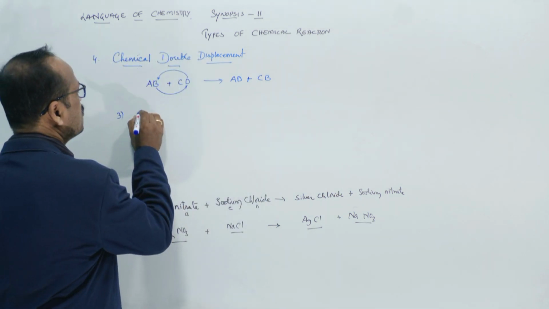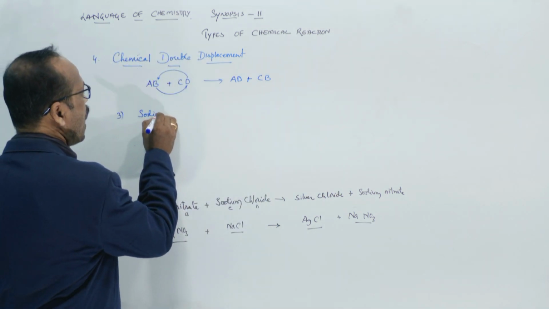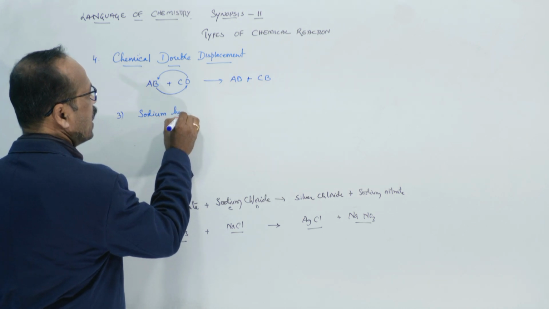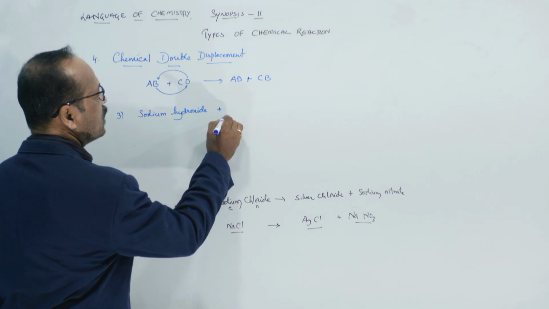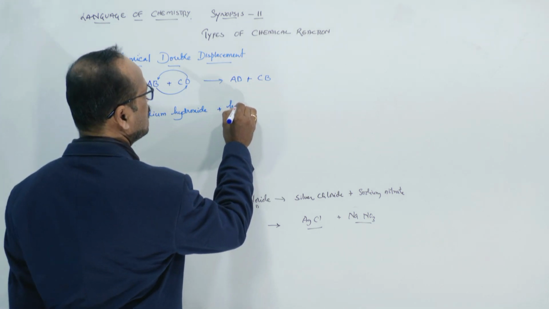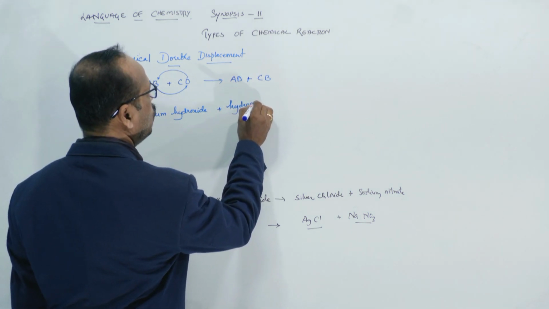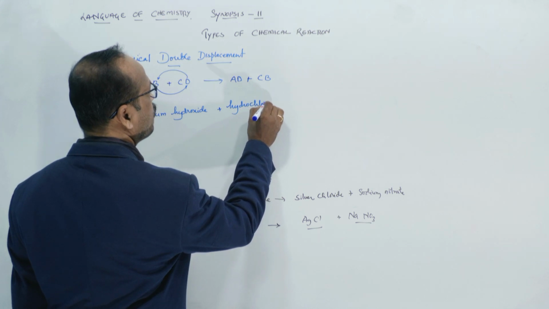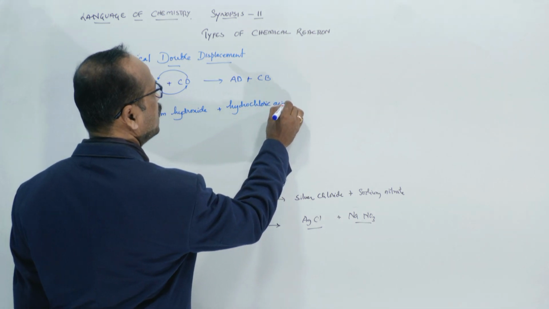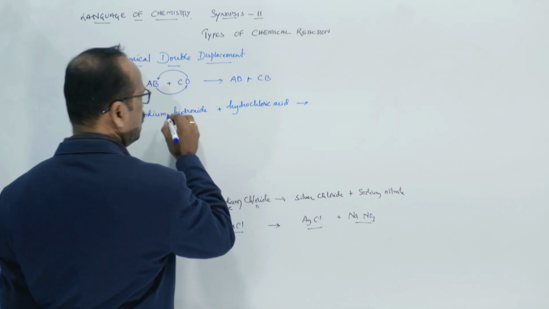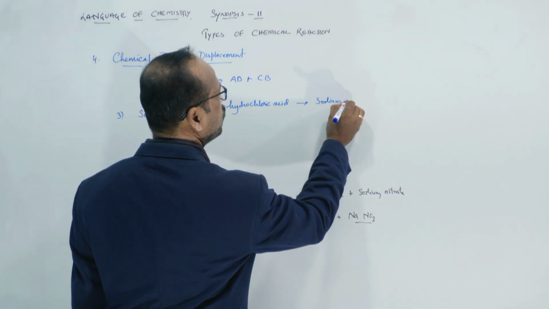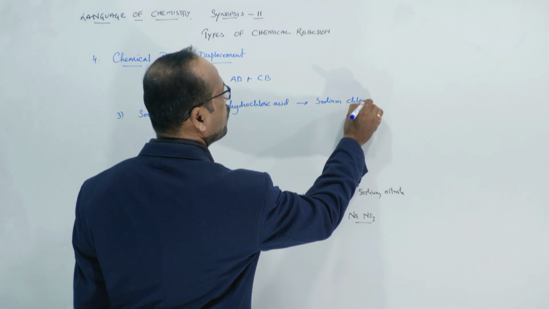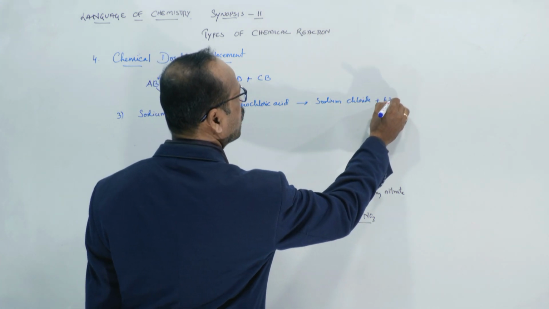So see here students, sodium hydroxide reacting with hydrochloric acid. So what does it form here? It forms sodium chloride plus water, right?